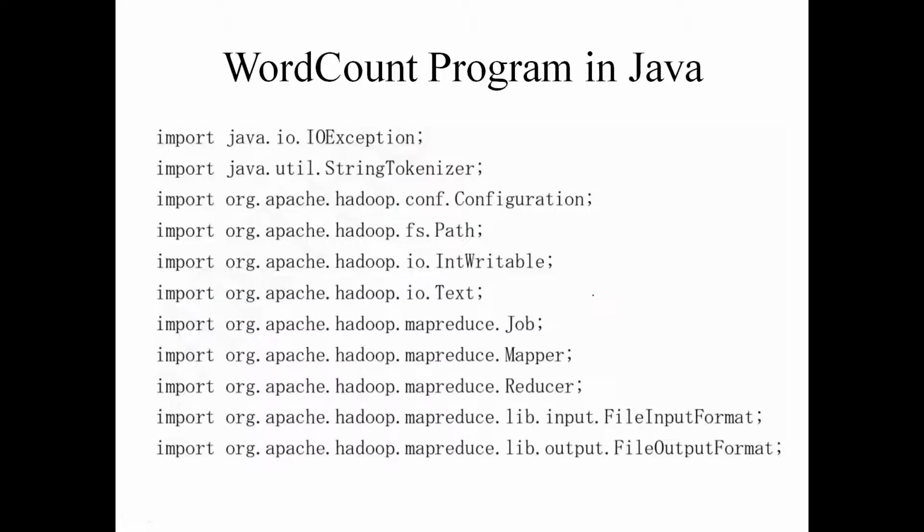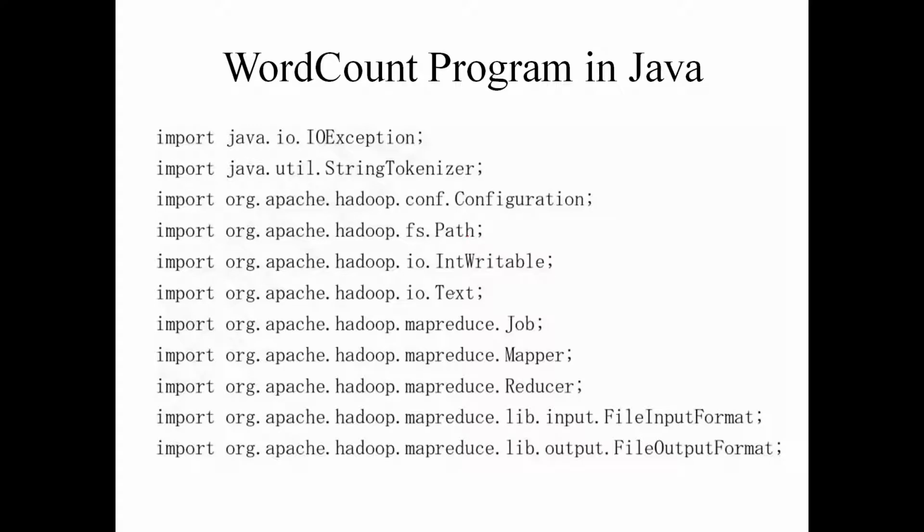We'll see the program in detail, how it is written in Java. These are the library functions used. String tokenizer, because your string will be given as tokens to each key and value pair. Then the configuration class, and the path class because we need the address of the key values.